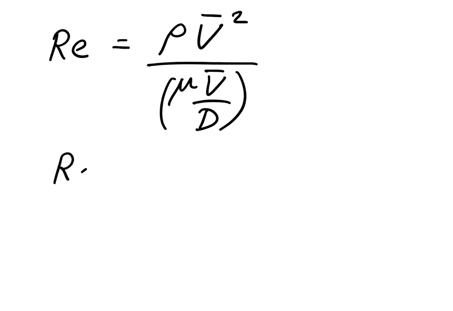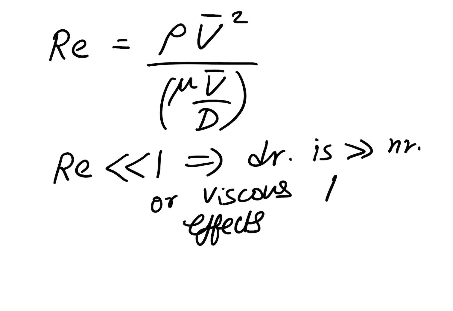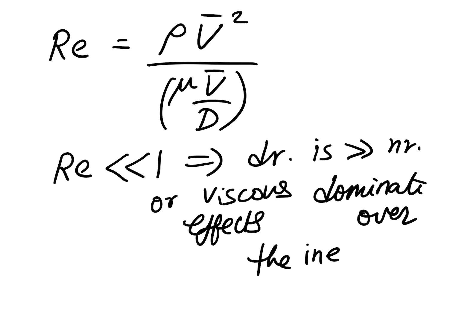If Reynolds number is much smaller than 1, this implies the denominator is much larger than the numerator, or viscous effects dominate over the inertial effects.